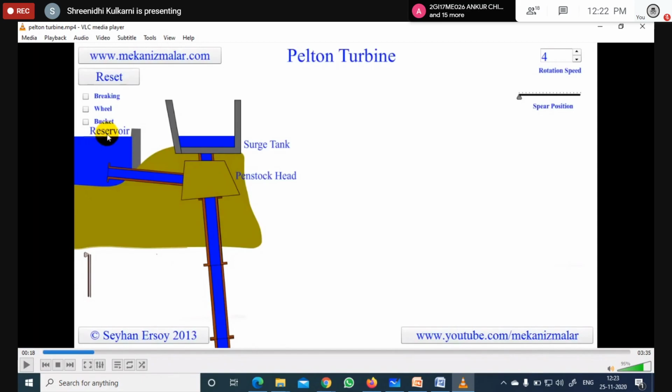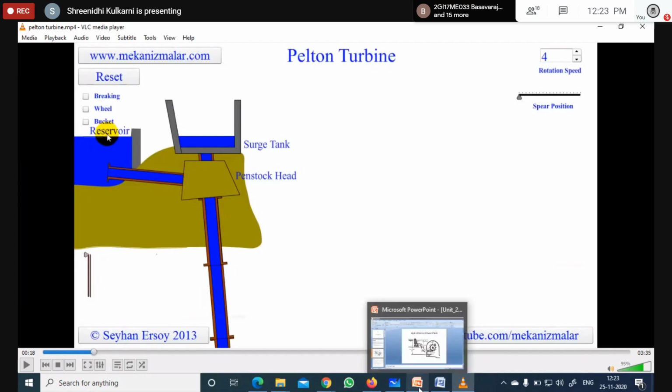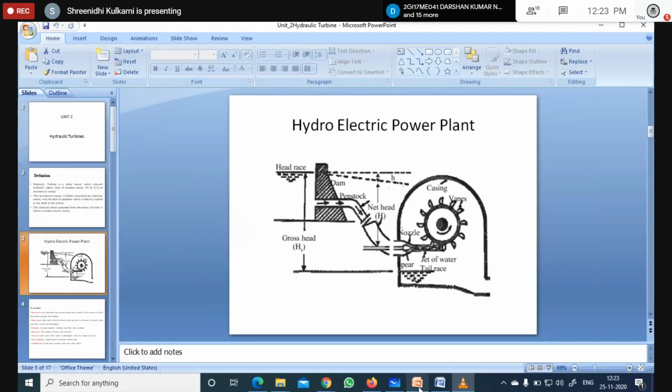So that's why we call it a large diameter pipe. It is connected from the reservoir to the nozzle. Here in the diagram, we can see the penstock is connected from the reservoir to the nozzle.